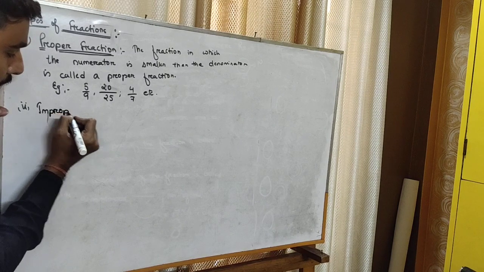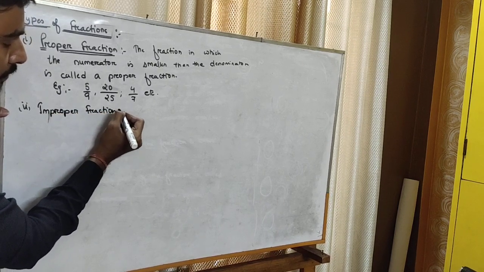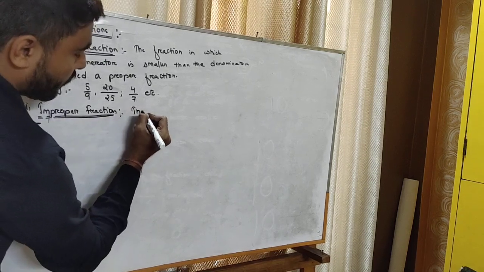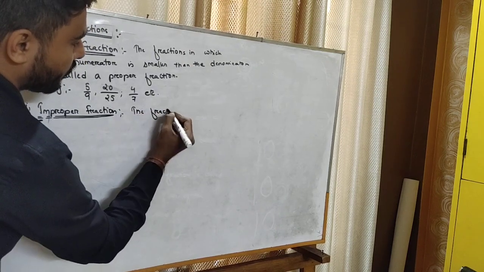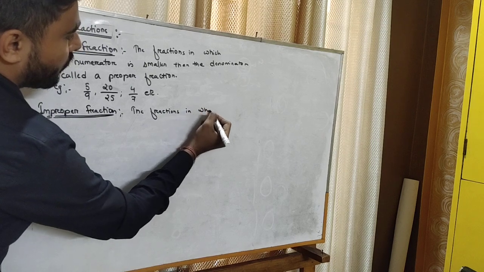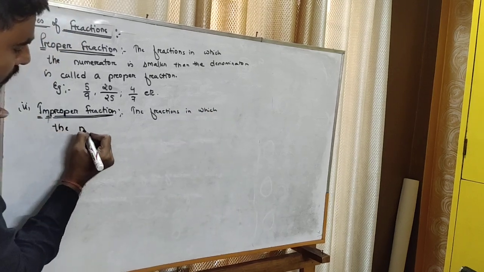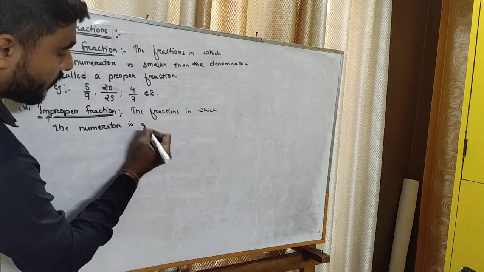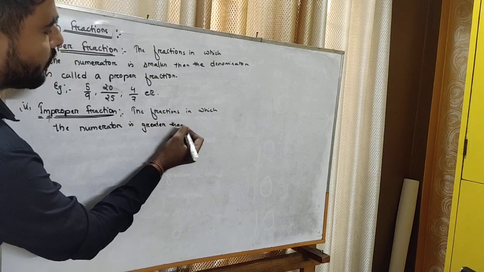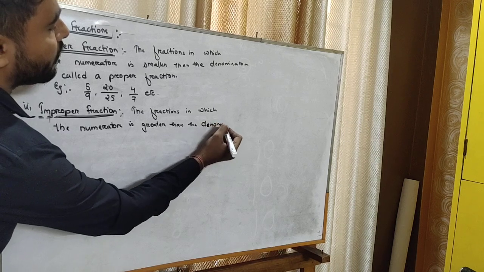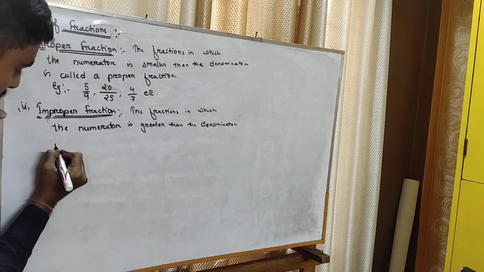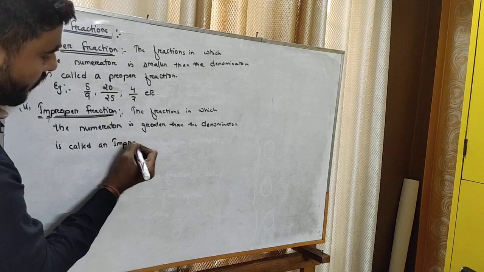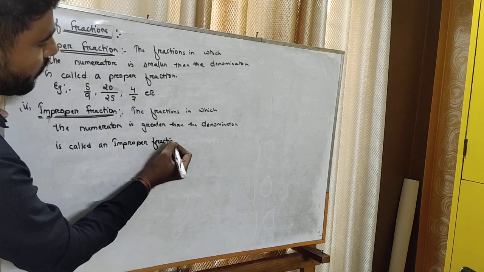So we'll write for improper fraction: the fractions in which the numerator is greater than the denominator are called improper fractions.